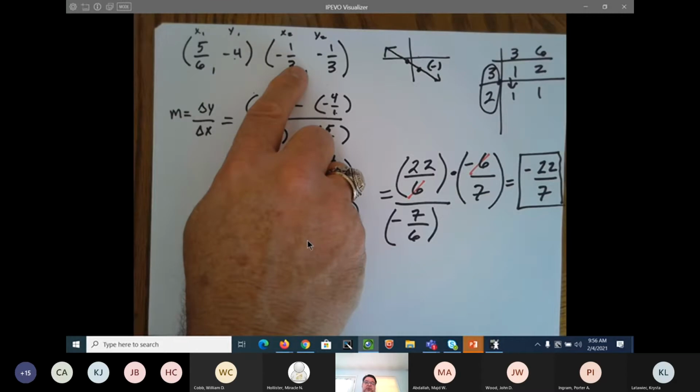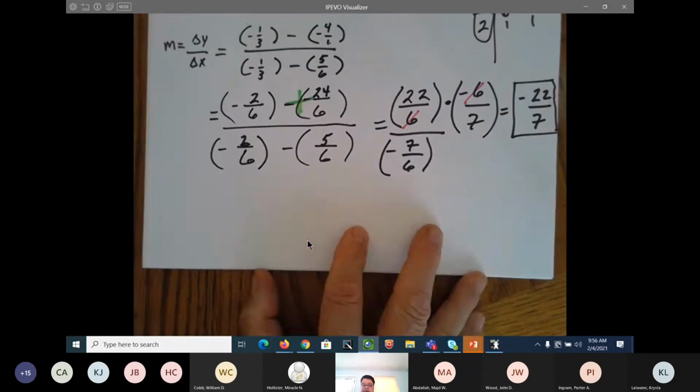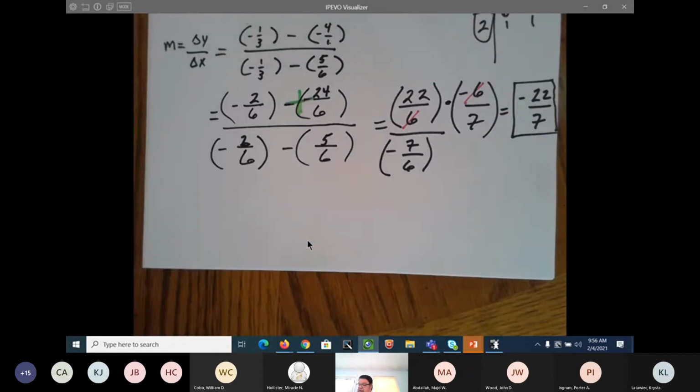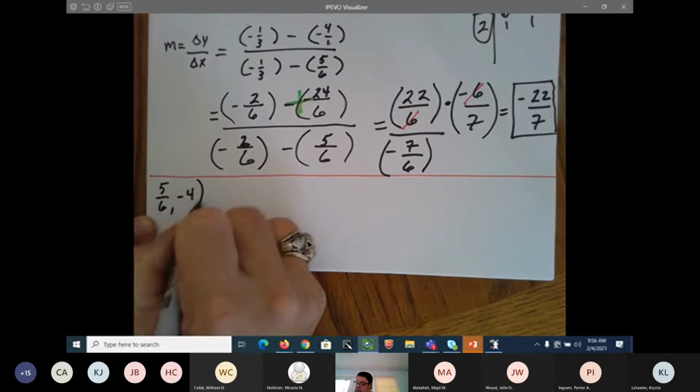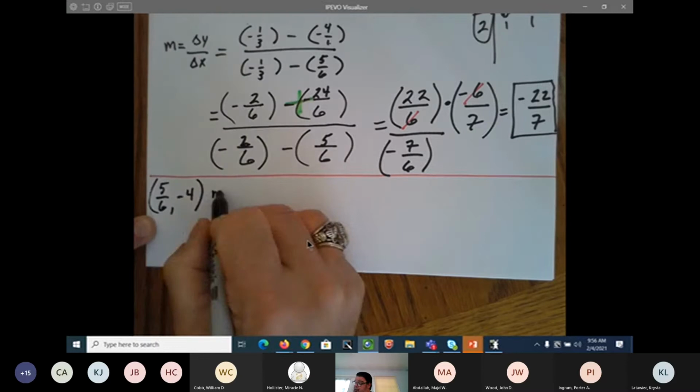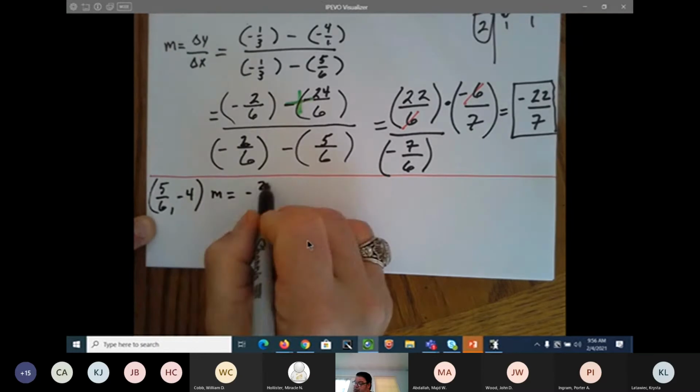So I'm going to pick this one as the lesser of the two evils. And I'm going to move down here and draw a line across. And I'm going to do 5/6, comma, -4, and a slope of -22 over 7.